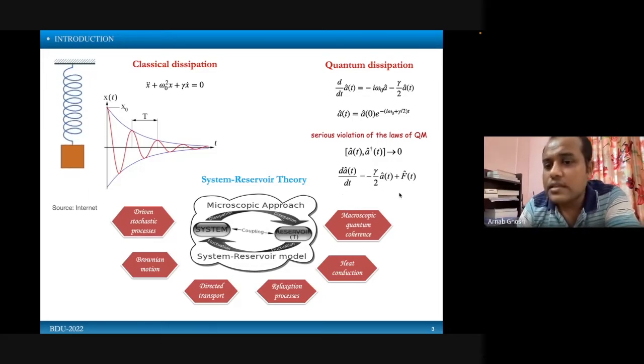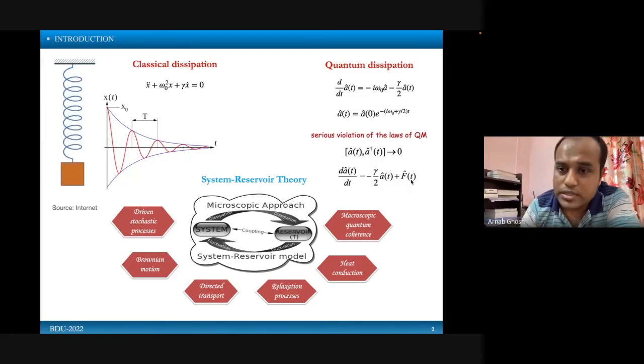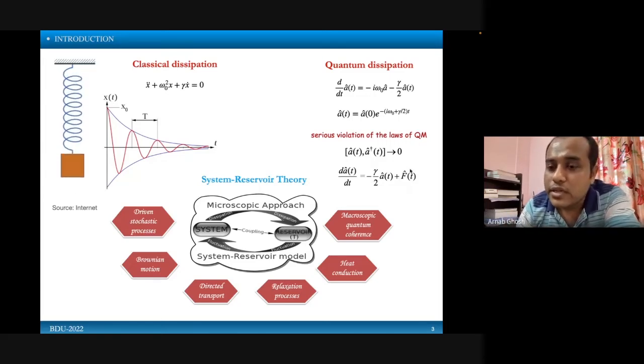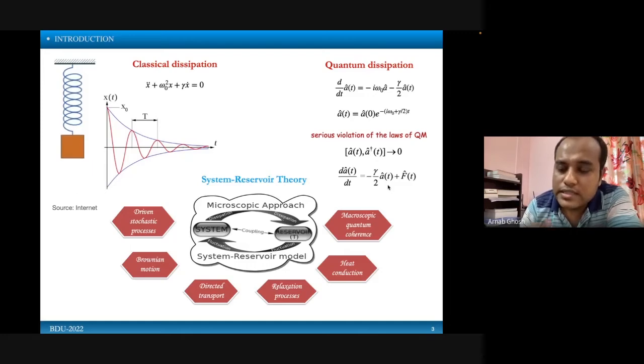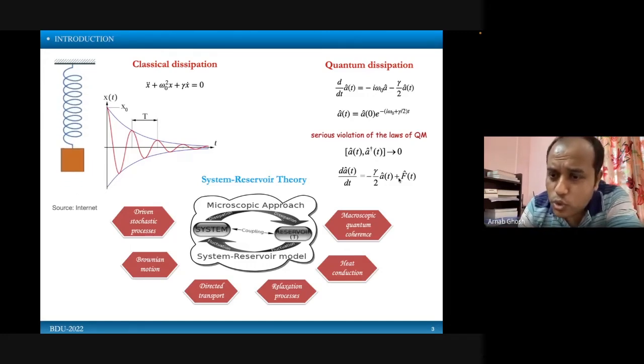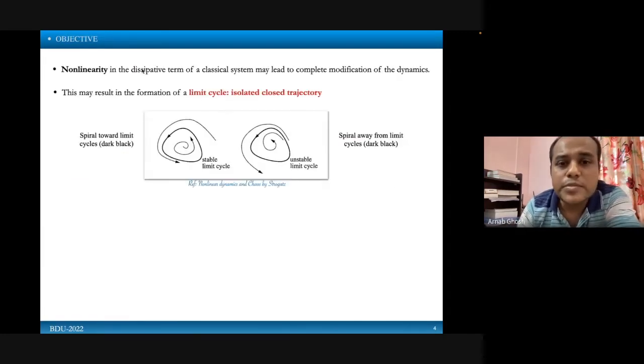Although quantum mechanical systems must always have noise and dissipations, classically these Liénard systems without noise terms exhibit, because of the nonlinearity in the dissipative term, interesting physics and complete modifications of the dynamics, and in fact it may result in the formation of what is known as limit cycles.